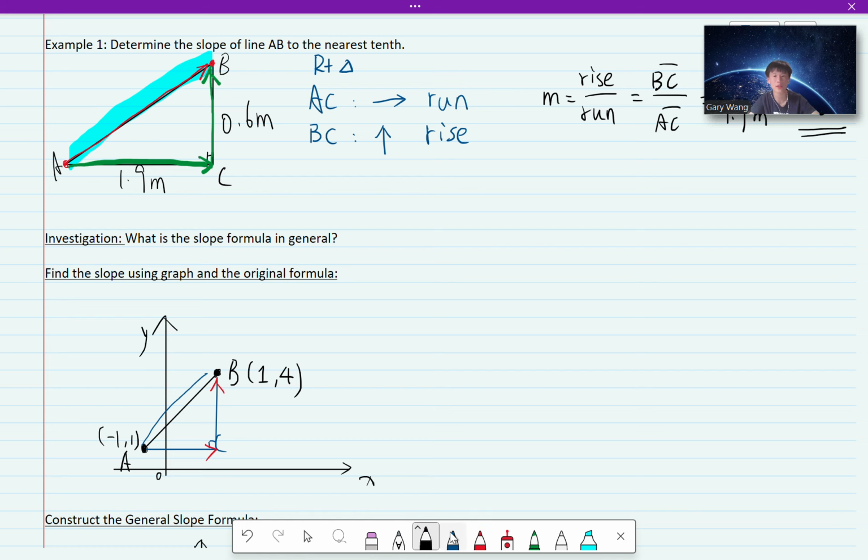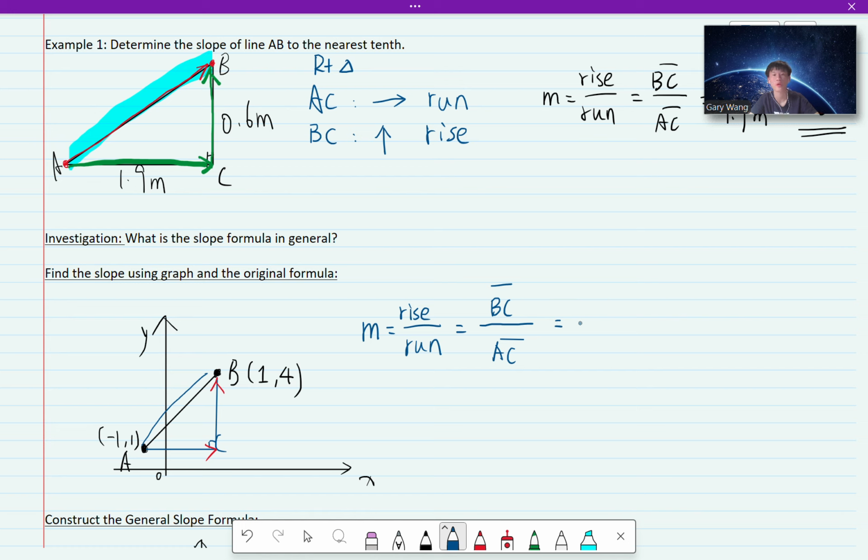So basically, we can still say that m equals rise over run, and in this case, the rise would be the part where we go from C to B, so line segment BC, and the run would be the part where we go from A to C with a direction to the right, so line segment AC.